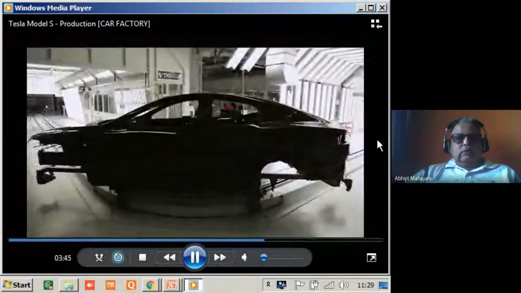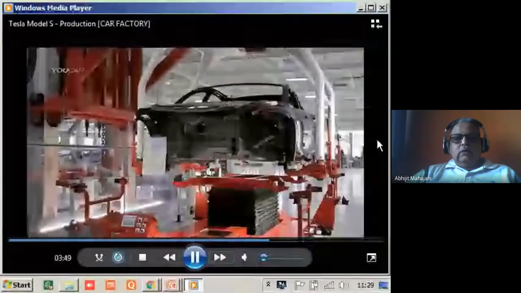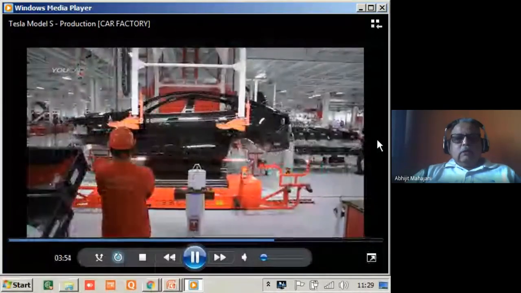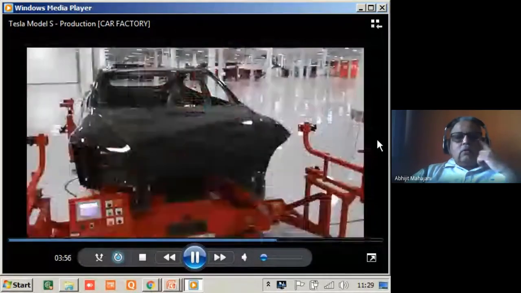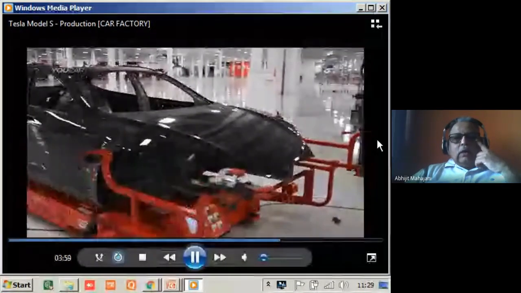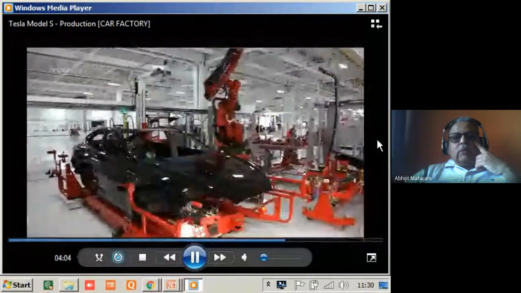Then it goes for final assembly. Now here you will find batteries, wheels, controllers, seats, all that getting loaded automatically. Only a few components are added manually. Just everything is automatic. Here comes the roof.